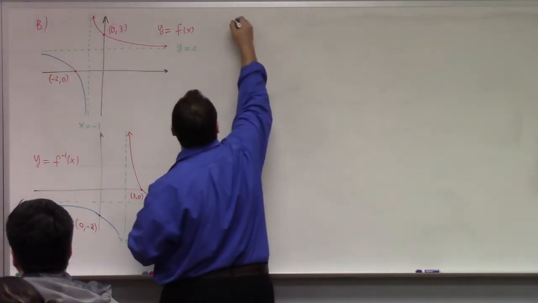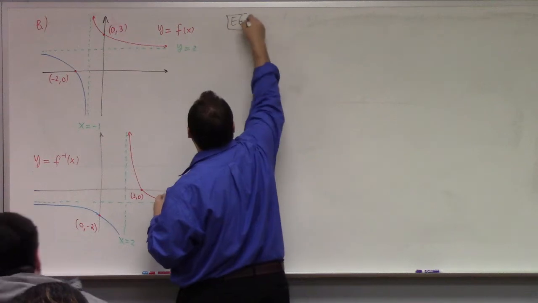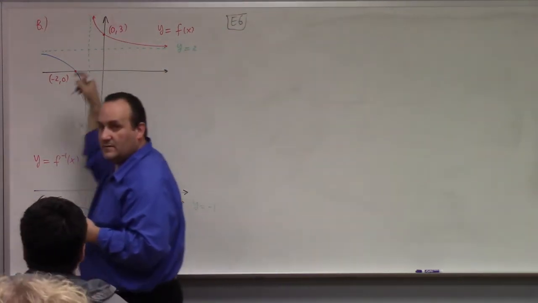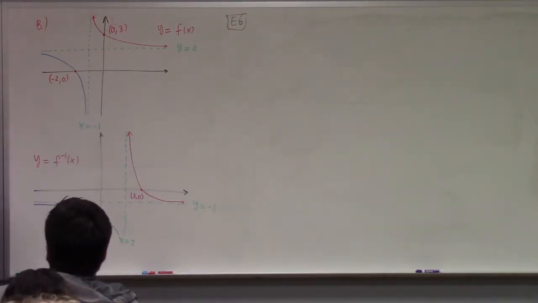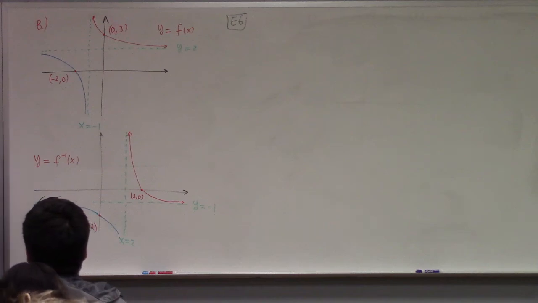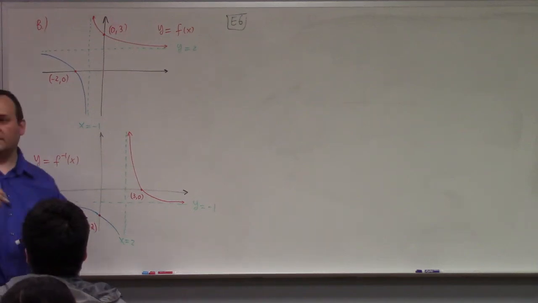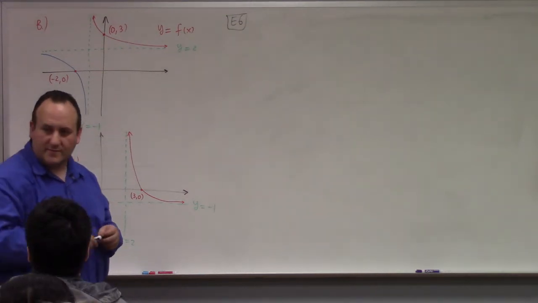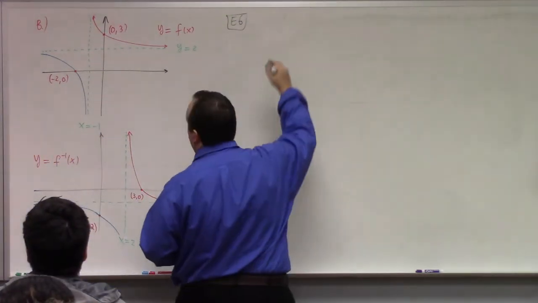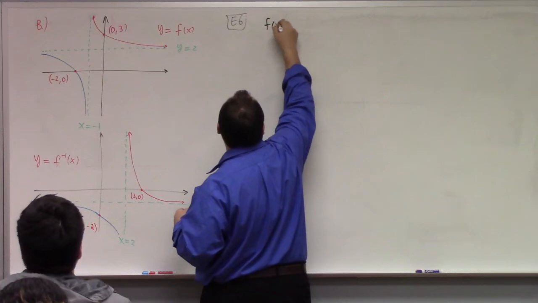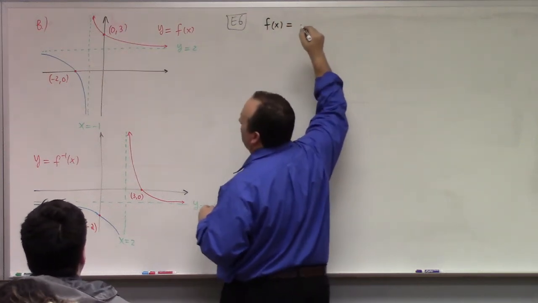So example 6. I guess the first thing we need to do is, what is a formula that has that graph? Can you guys tell me? Because that could have been a problem on the last test, right? x plus 2.